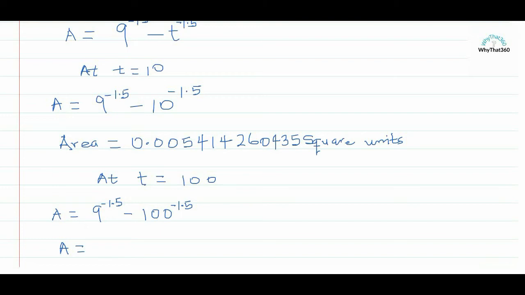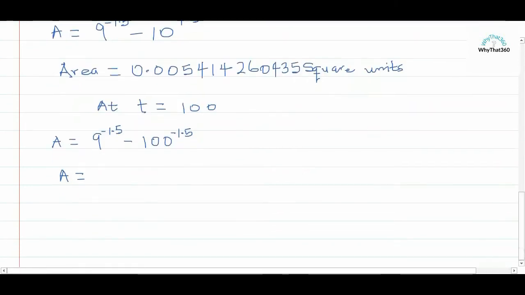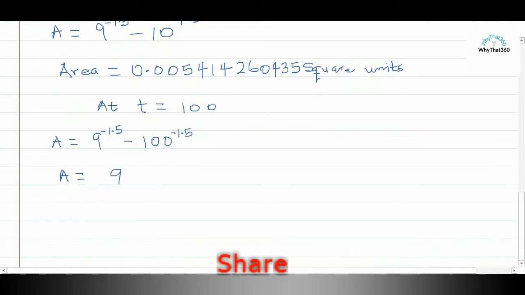So that one gives the area to be equal to 973 divided by 27,000 square units. That will be the value of the area.